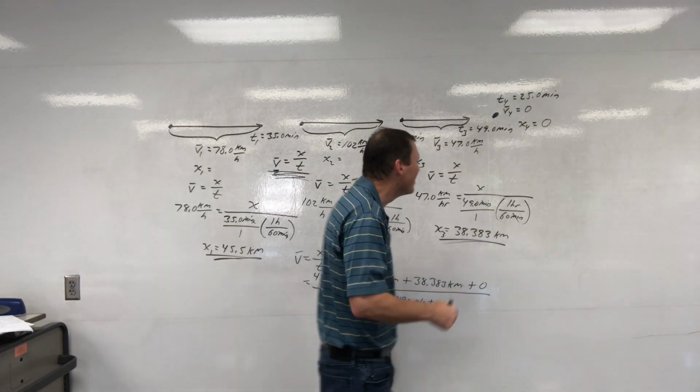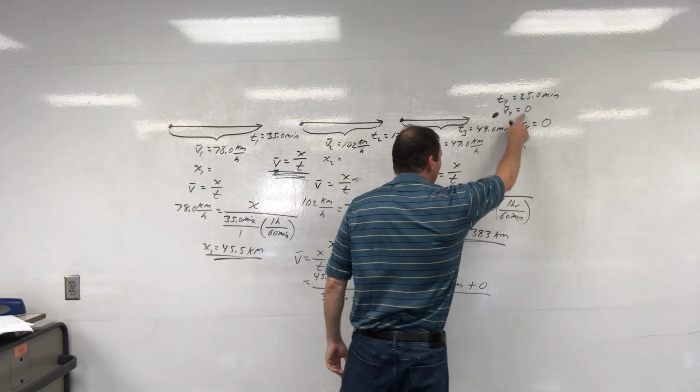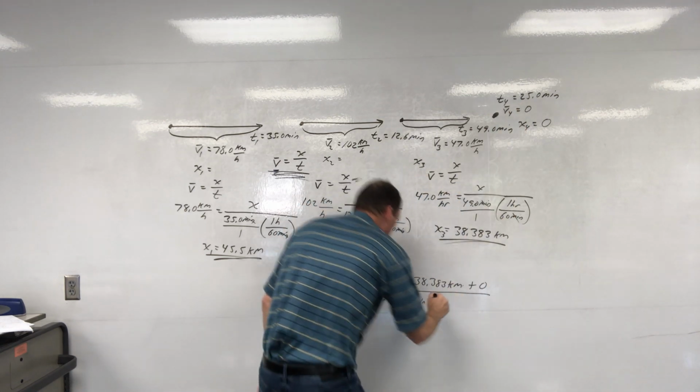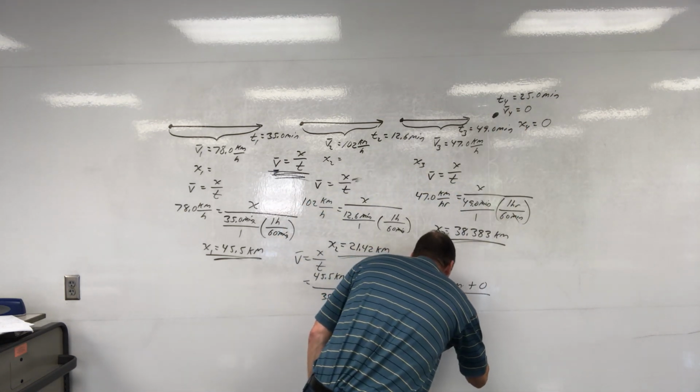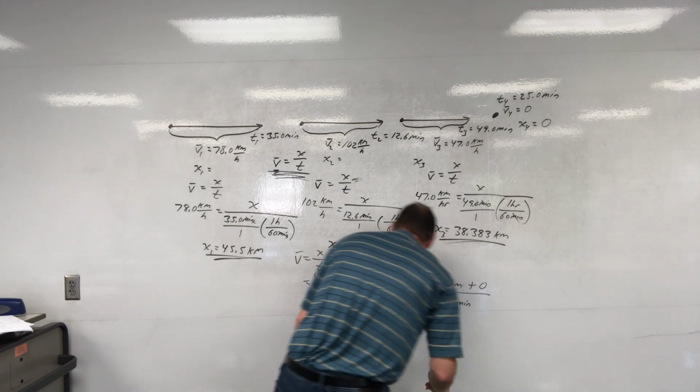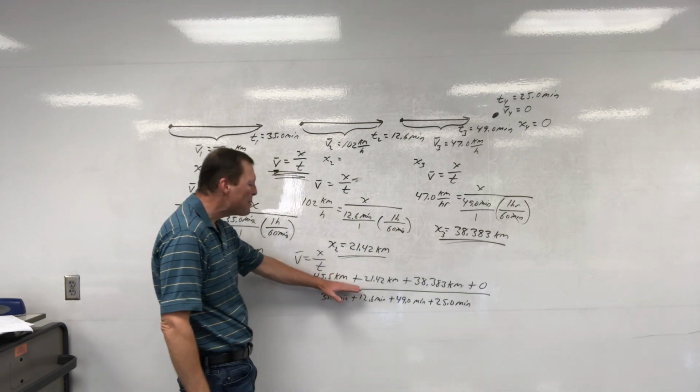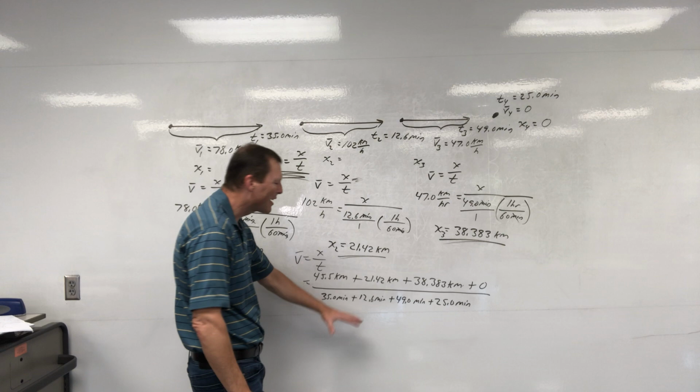Don't forget that. She didn't travel anywhere, but time does pass. So 25.0 minutes, that's important. And right now I'm in kilometers per minute, and I want to be in kilometers per hour.